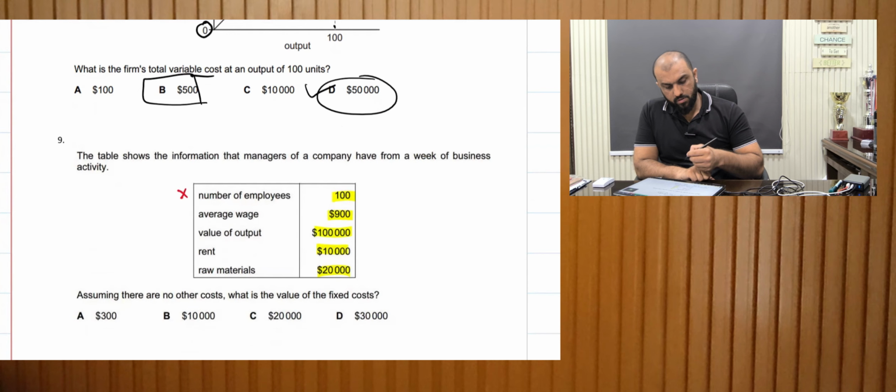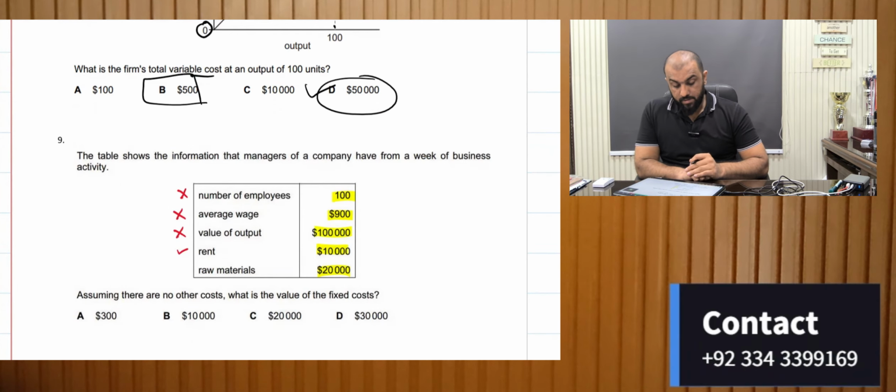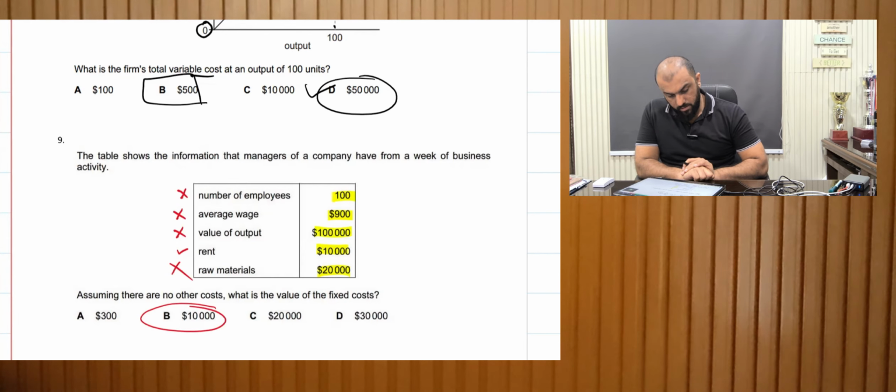Wage is not a fixed cost. Value of output is not a fixed cost. It's basically the selling price multiplied by the units. Rent is a fixed cost. Raw material is a variable cost. So here we go. B, easy peasy, lemon squeezy.